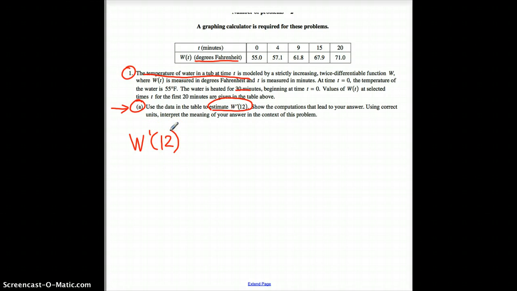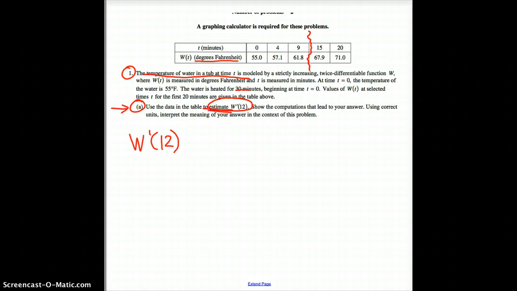W prime of 12 would be the derivative at 12, which would be the rate of change at 12, which would be in degrees per minute. Whenever it's a slope or a derivative, it's got that per in there. And you'll notice that when I go to the table, I have no idea what's happening at 12. But I do know the neighboring 9 and 15 values, which is why it says to estimate. I can't give you exactly what the rate of change is at 12.